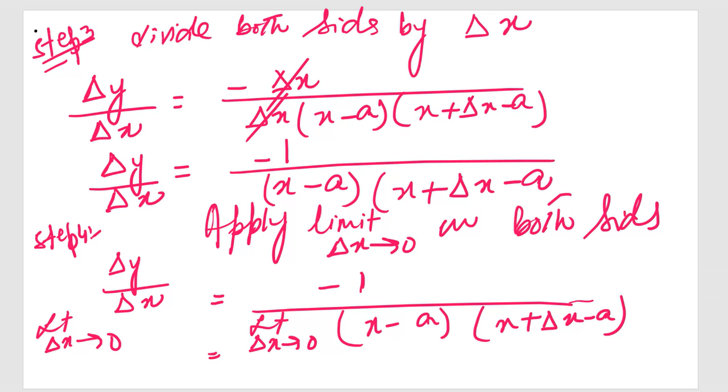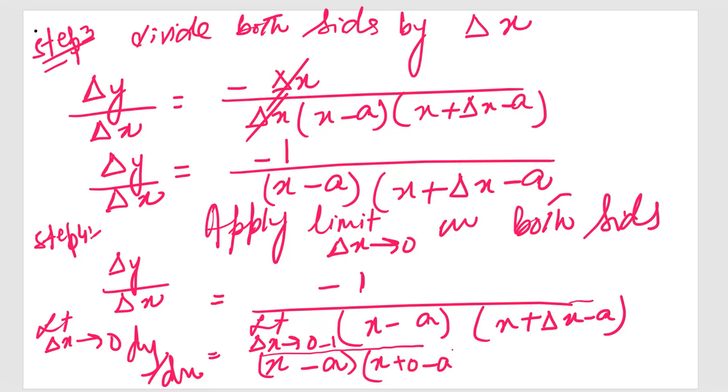Whenever you apply delta x tends to 0, delta y over delta x will be equal to dy by dx. And here is x minus a, we do not have any delta, so it remains the same. dy by dx is equal to minus 1 over x minus a, and here we have x plus delta x, where delta x is 0, minus a.